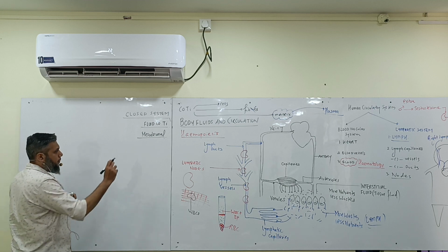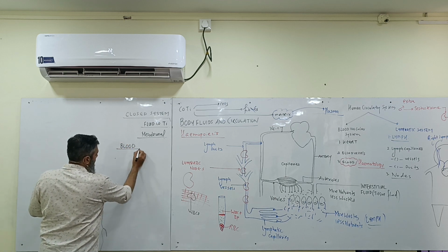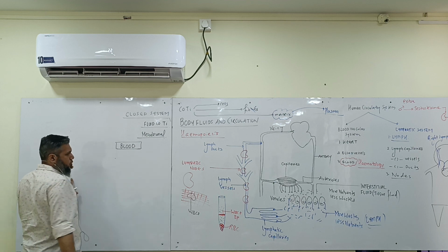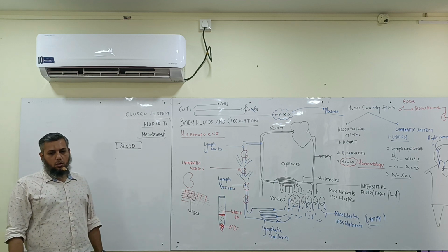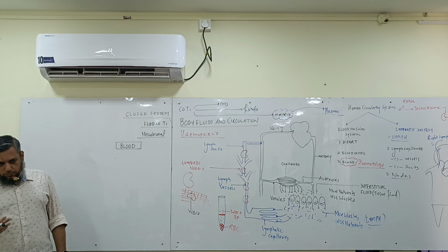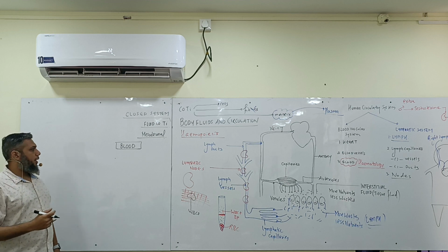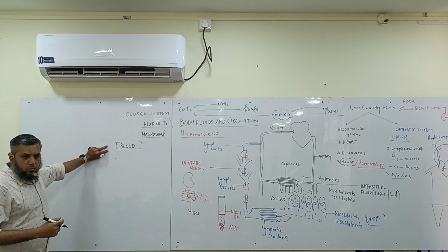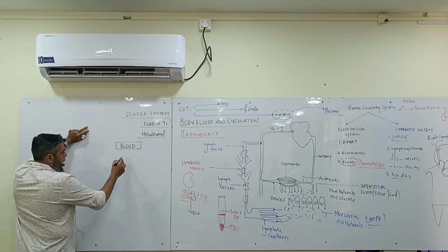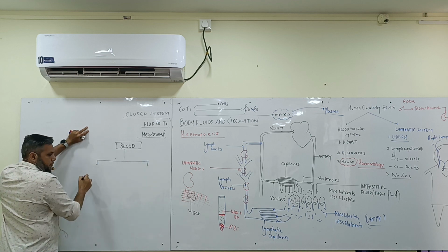So human blood. What is the process of formation of human blood called? Hemopoiesis. What is the study of human blood called? Hematology. And the blood consists of two parts.